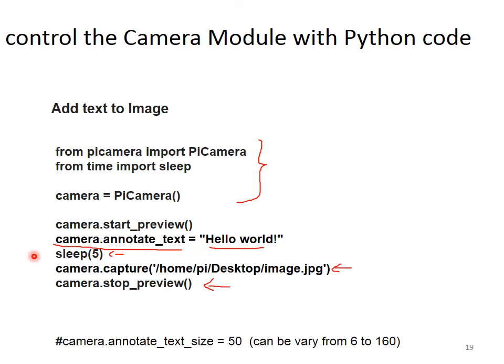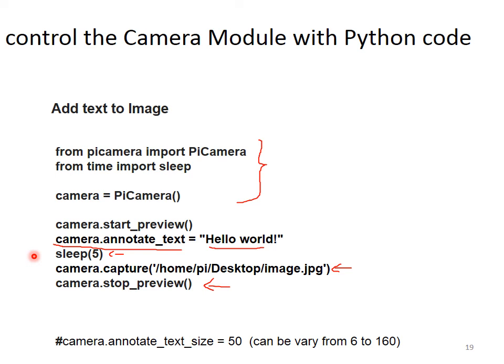Next, if you would like to add a caption to the image, I have written it as text to image. Again the same libraries and the same command to initiate the camera, and you start the preview. Then you write the instruction camera.annotate_text, and whatever text or caption you would like to incorporate in the image, you write it here.